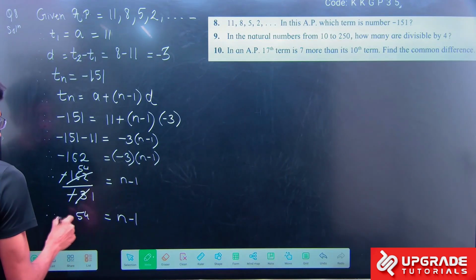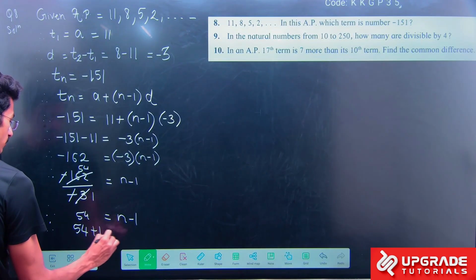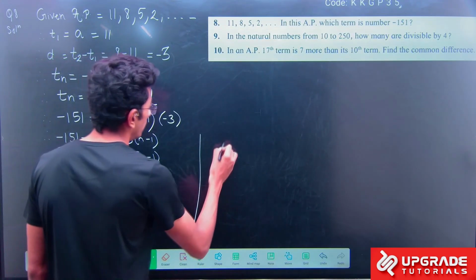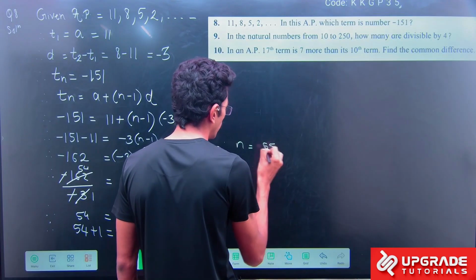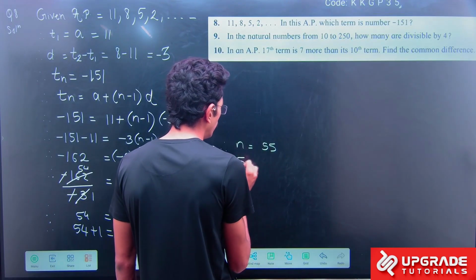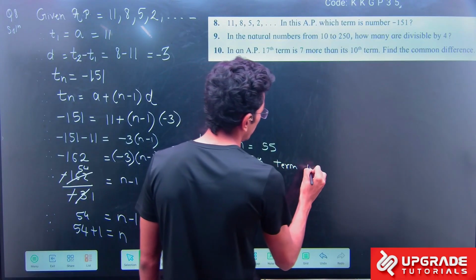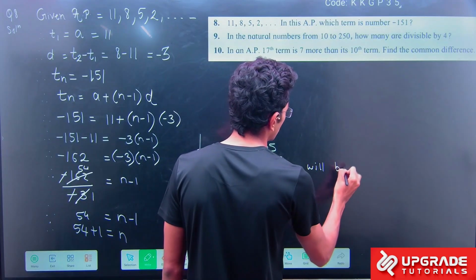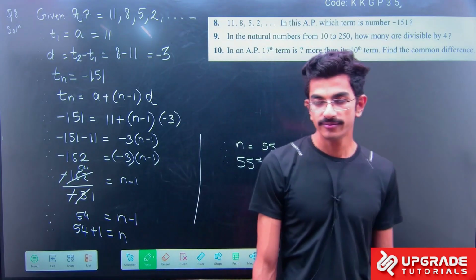This minus 1 on going to this side becomes plus 1. 54 plus 1 is equal to n. Therefore n will be equal to 55. Therefore the 55th term will be minus 151. Got it?